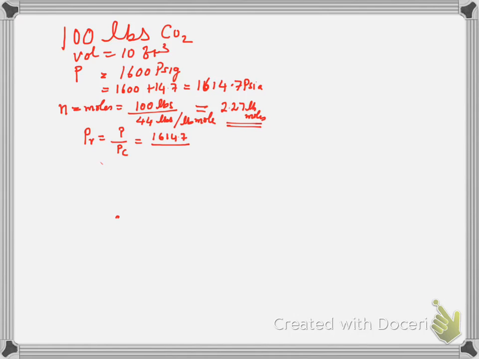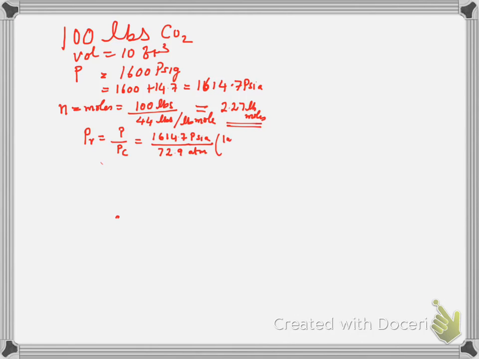All right, let me do it straight away in atmospheres, which is 72.9 atmospheres from the book. Okay, this is atmospheres, and this is psi. So now we have to convert.